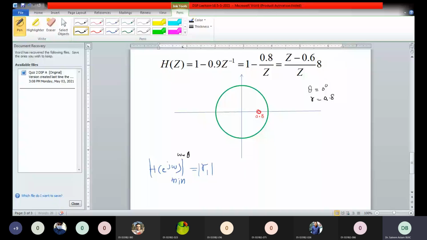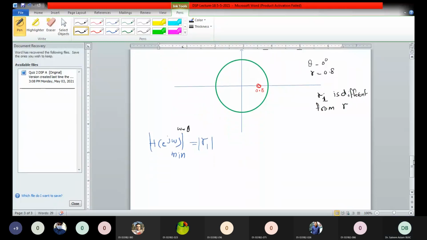So its magnitude is 0.8 and angle is 0 degree, but r1 is different from r. So r1 और r2 आपके पास different, r आपकी exact location बता रहे हैं.